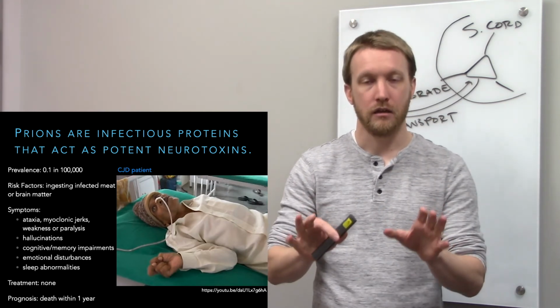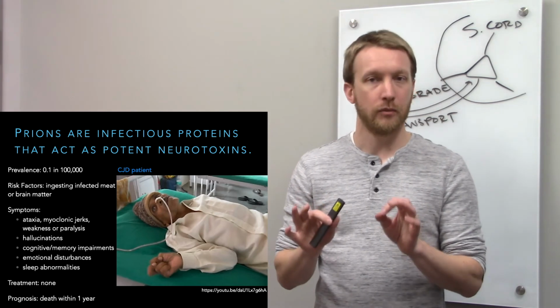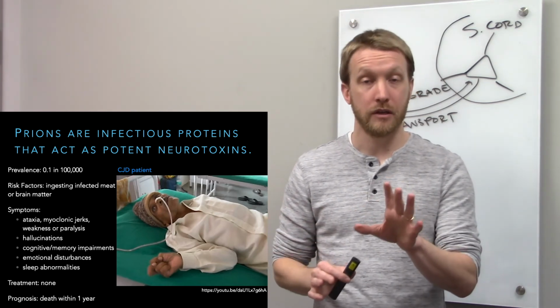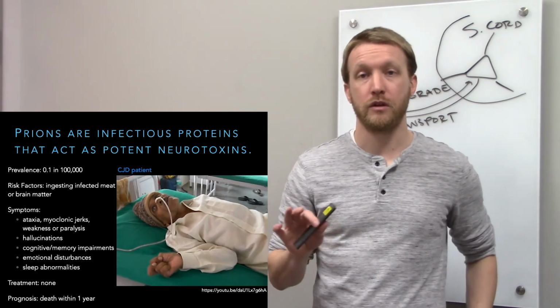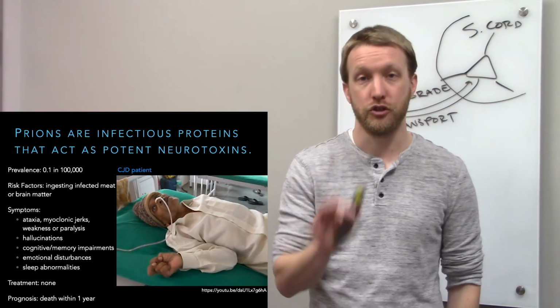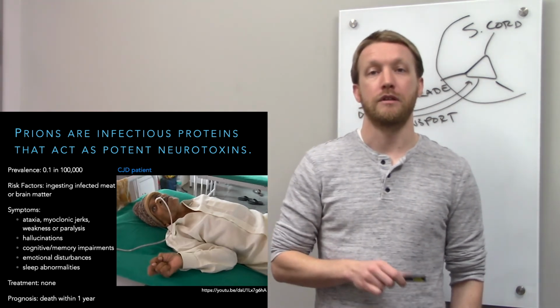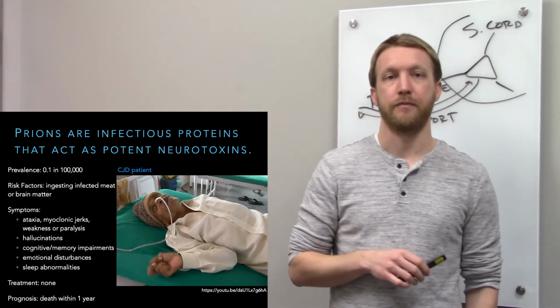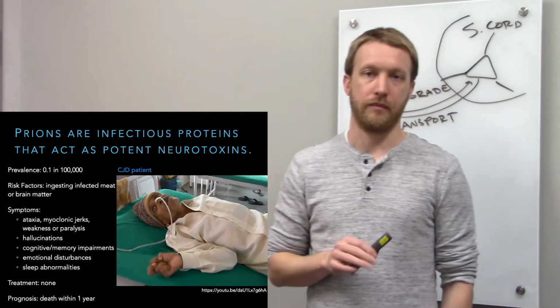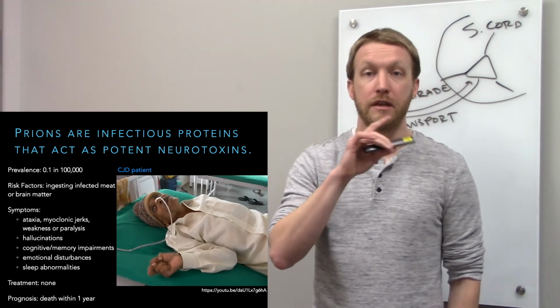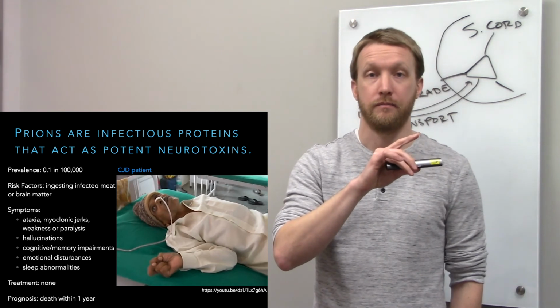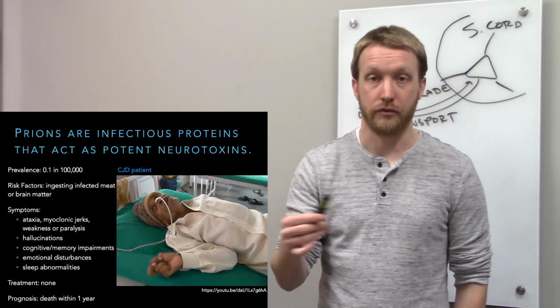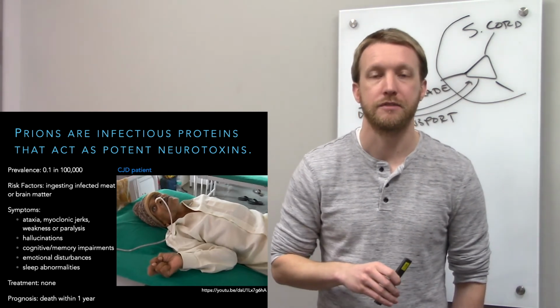Now, that said, prions are somewhat species specific, so you might be okay. You certainly wouldn't want to eat infected human meat. That would guarantee prion disease for you. And this is one of the ways that we discovered them. I won't go into it here, but a bit of cannibalism led to the discovery of prions in humans.